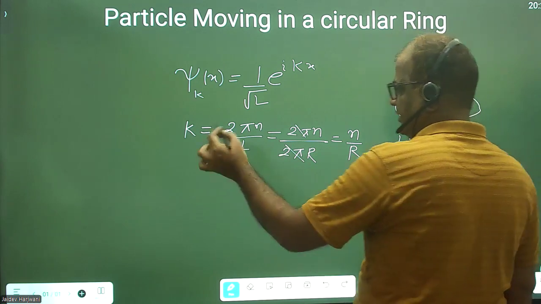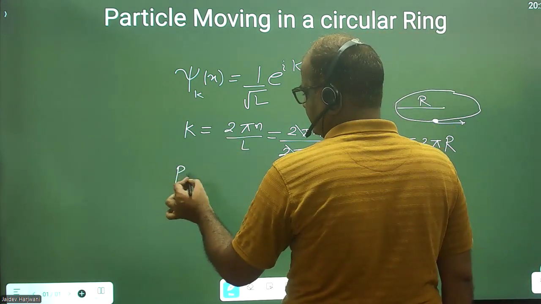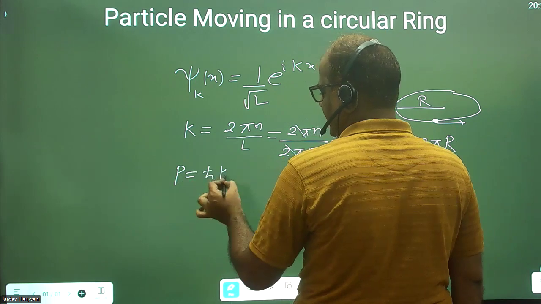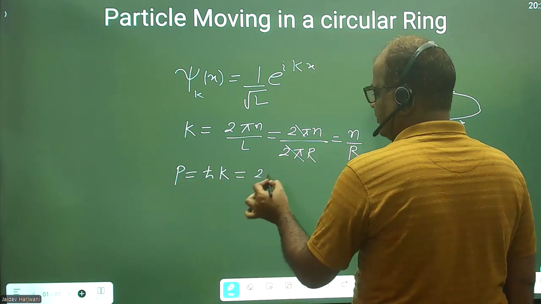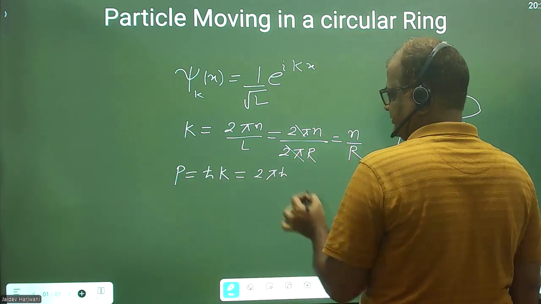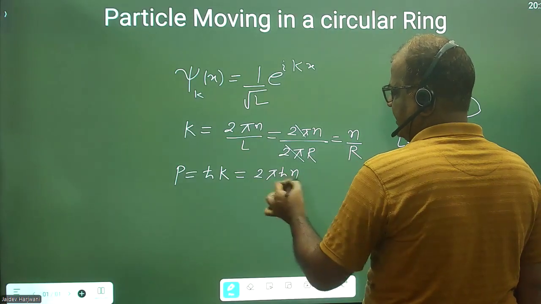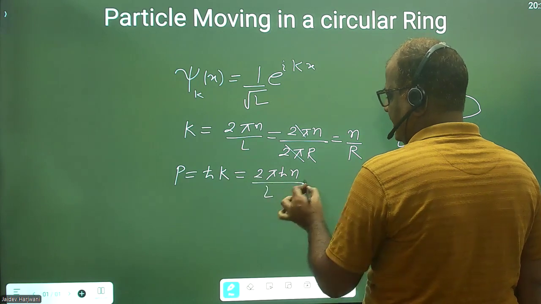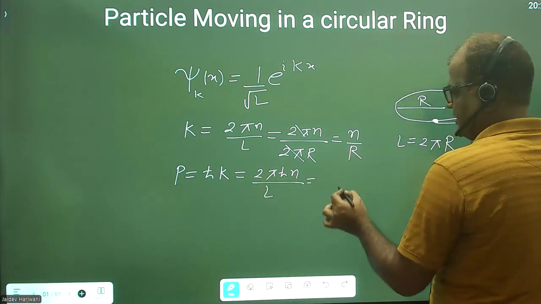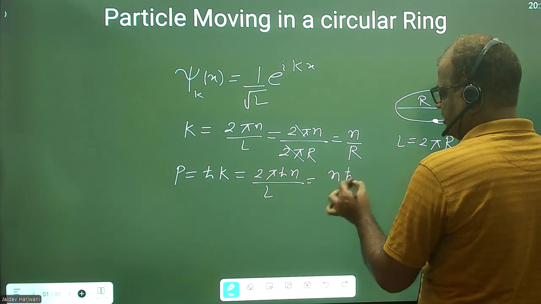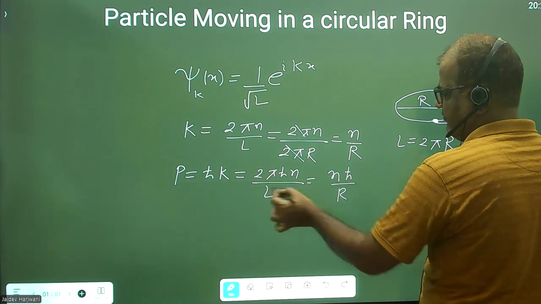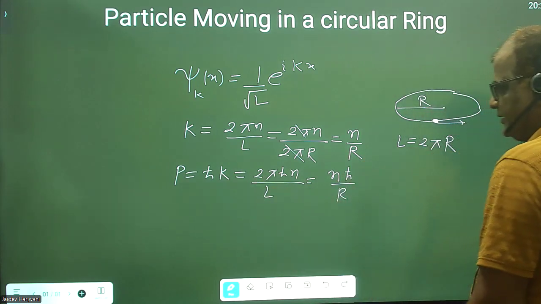The momentum is h cut k, that is 2 pi n h cut upon L, and this can also be written as n h cut upon r if L is equal to 2 pi r.